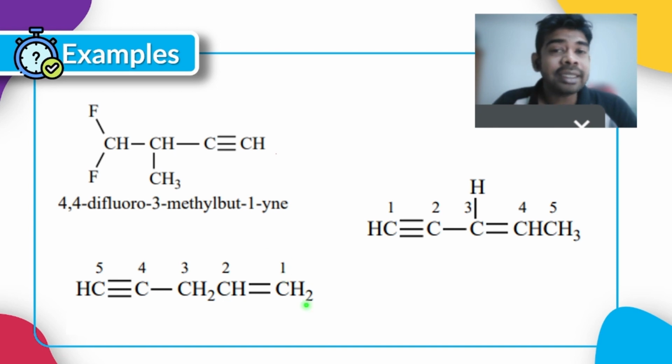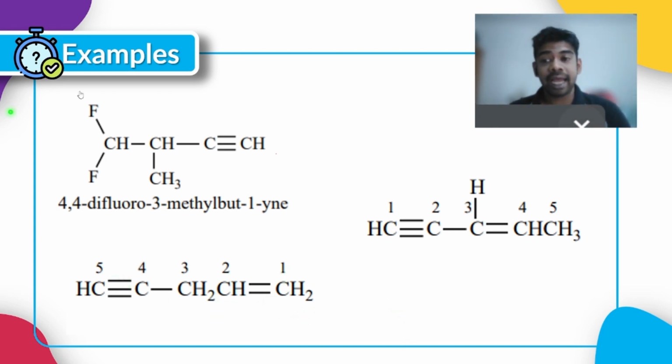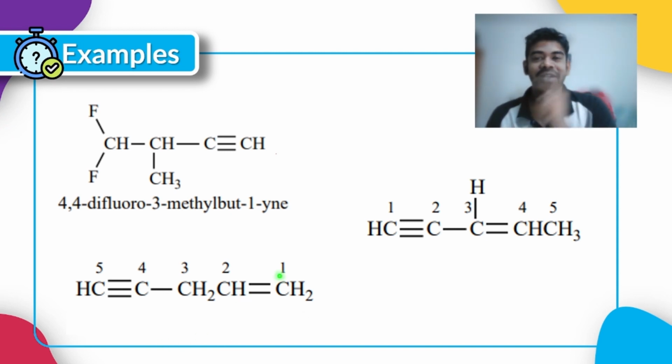In the case where you have both a double bond and a triple bond, there is a twist. What you have to remember is, if you are numbering both of them and the numbering of both is the same, you give the higher priority to the double bond.